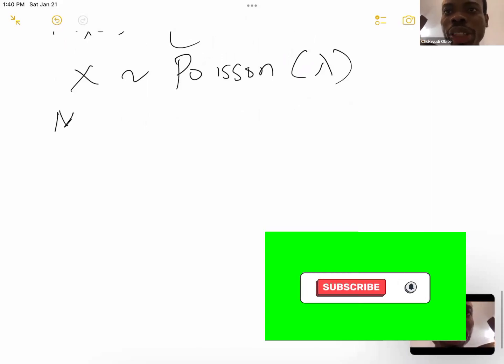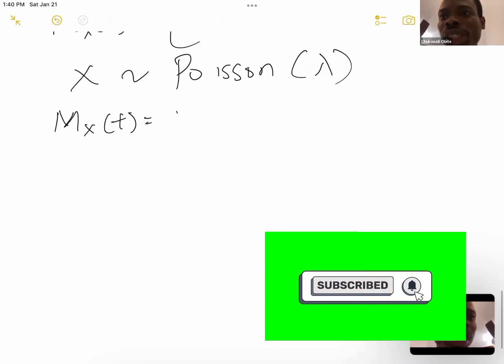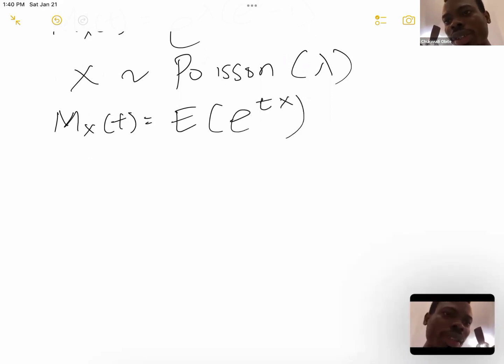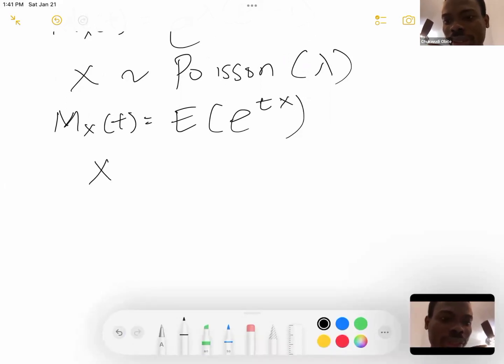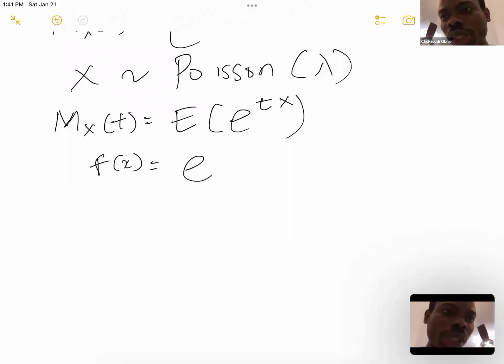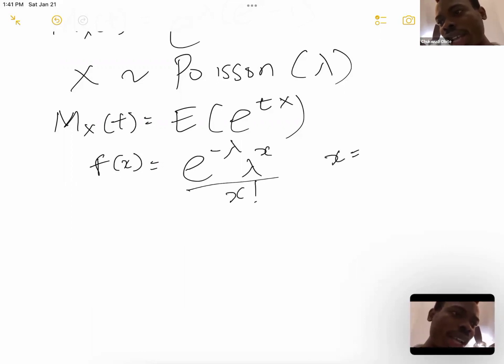So the MGF, which is M_X(t), is the expected value of e^(tX). Remember f of X, the Poisson pmf, is e raised to power minus lambda times lambda^x over x factorial, where x is going from 0, 1, 2, down to infinity, and lambda is greater than 0.